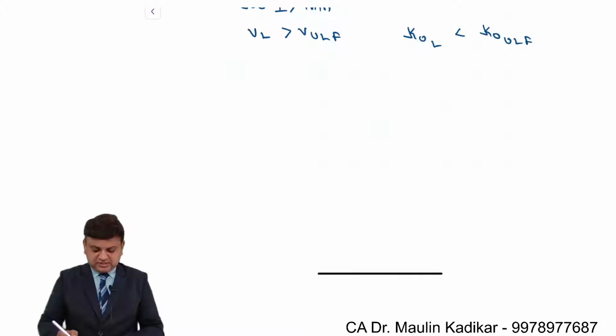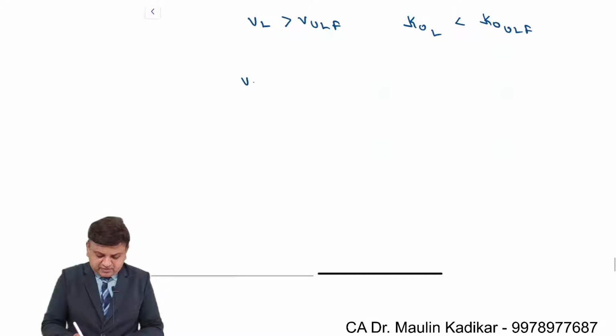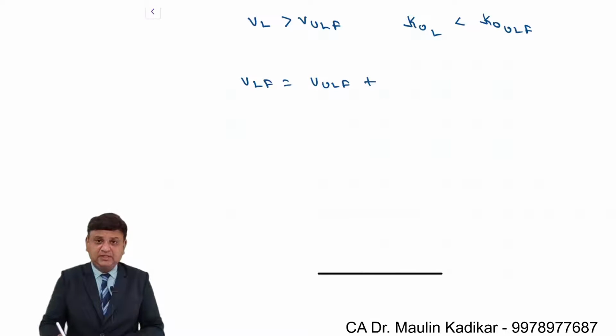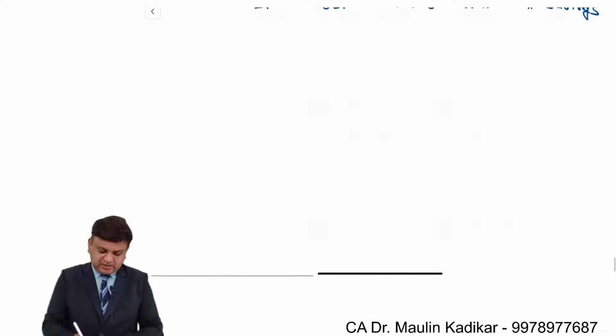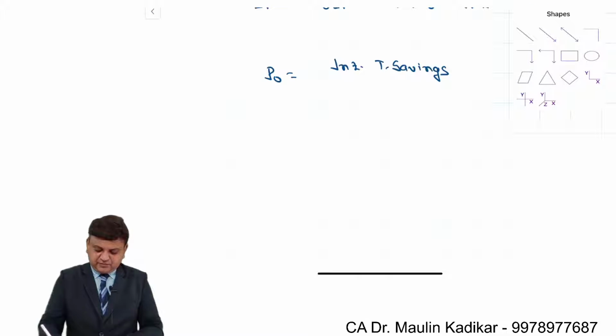If you remember, the calculation that we were making was like this: value of the levered firm is equal to value of unlevered firm plus present value of interest tax saving. And the present value of the interest tax saving was calculated as interest tax saving divided by rate of interest.